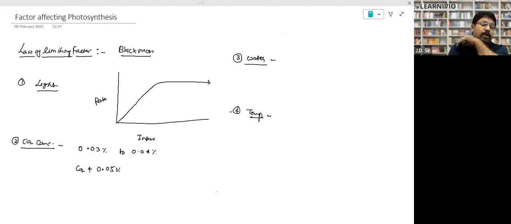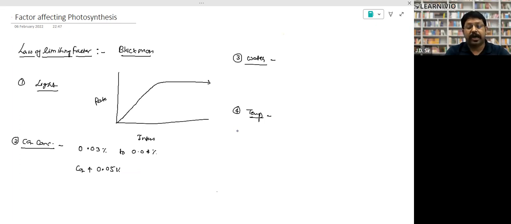If the concentration of carbon dioxide increases by 0.05, it will increase the rate of reaction, but beyond that it will not increase. If water is less available, the photosynthesis rate will go down; if water is available more, photosynthesis will be more. Temperature should be neither too high nor too low.